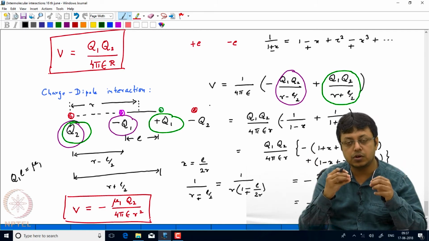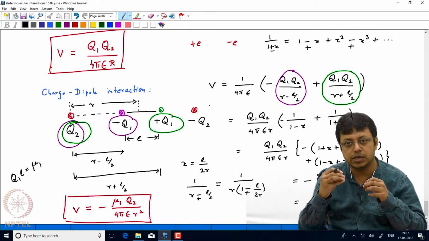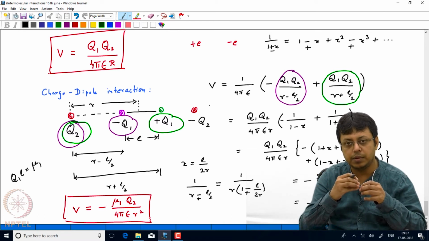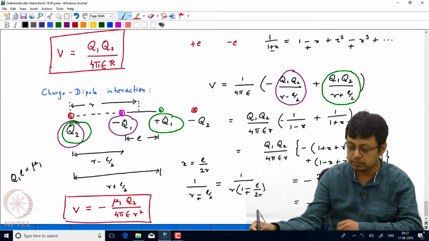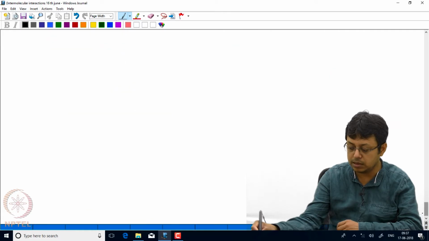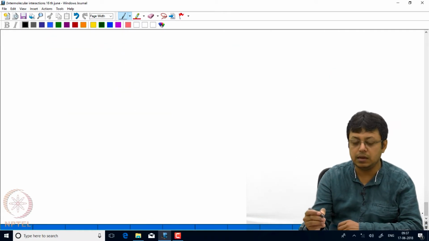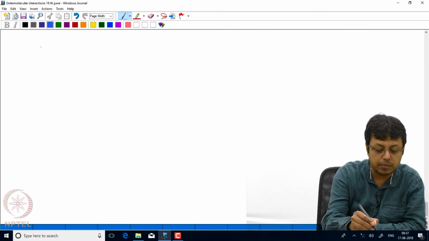So, we first talked about charge interaction, which is already known to you, and then what happens with a monopole and a dipole kind of interaction, which we just described, and now we are going to discuss the most important thing, which is the interaction between two dipoles. So we will now discuss dipole interaction.